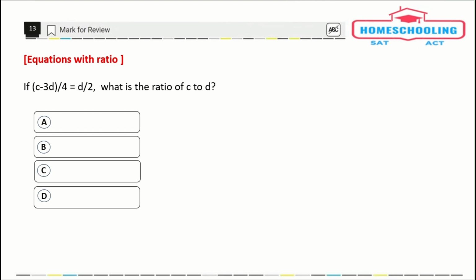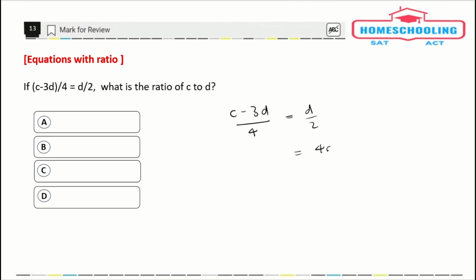Now moving to the next type of question. Here we have to find ratios, where equations are given. So C minus 3D divided by 4 is equal to D divided by 2. We will cross multiply them.